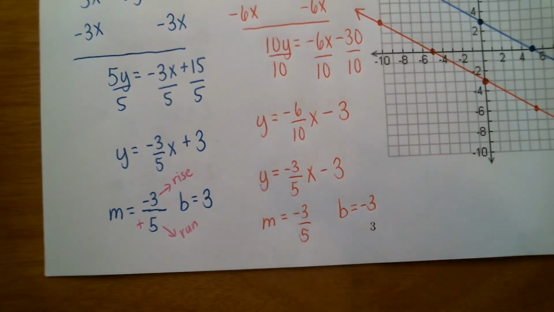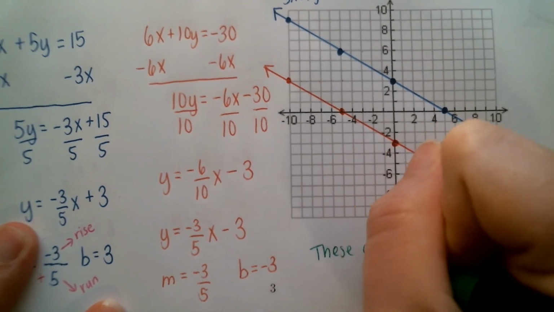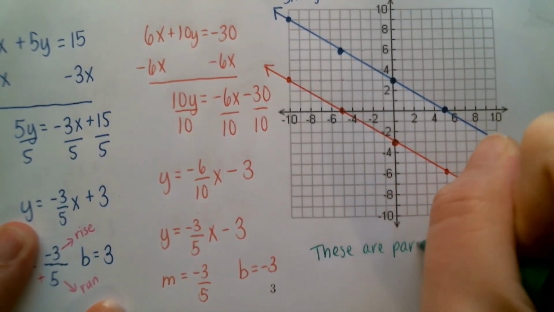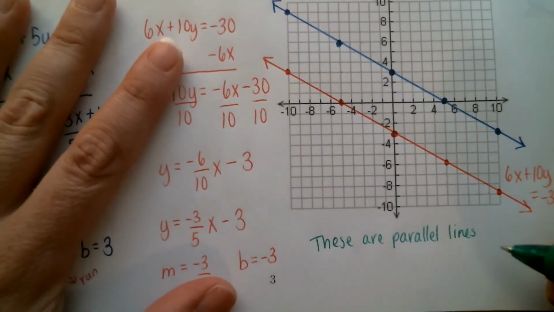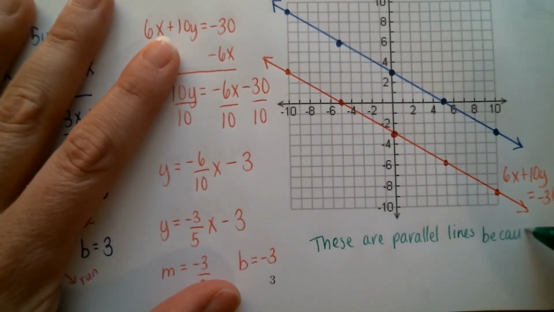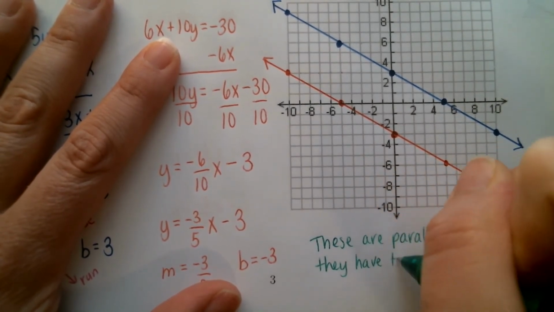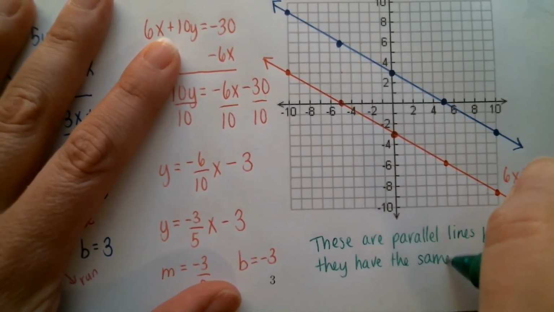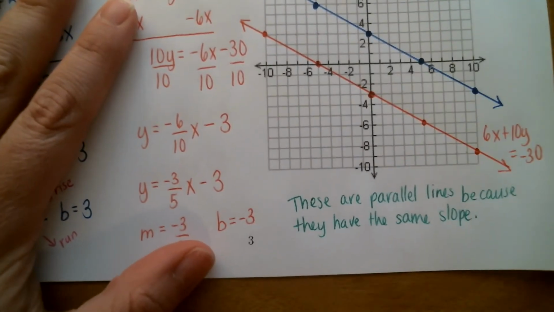So I'm going to write here that these are parallel lines because they have the same slope. And since they're parallel, there is no intersection point.